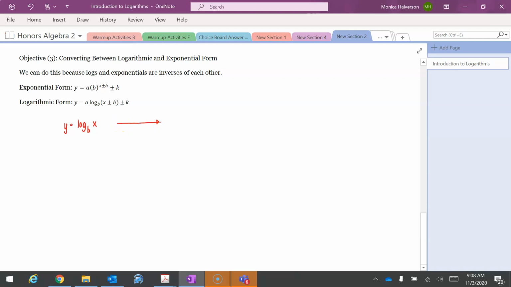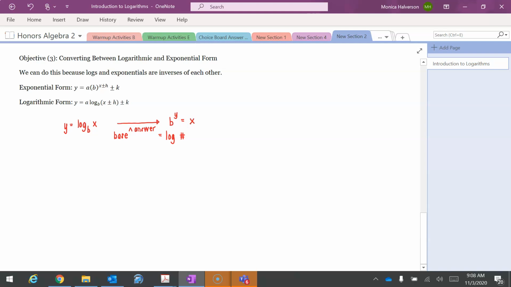Well, the way I explain it is you have the base raised to your answer, and that's going to equal your logarithmic number. Okay? So in this case, our base is b, our answer is y, and it's set equal to our logarithmic number of x.